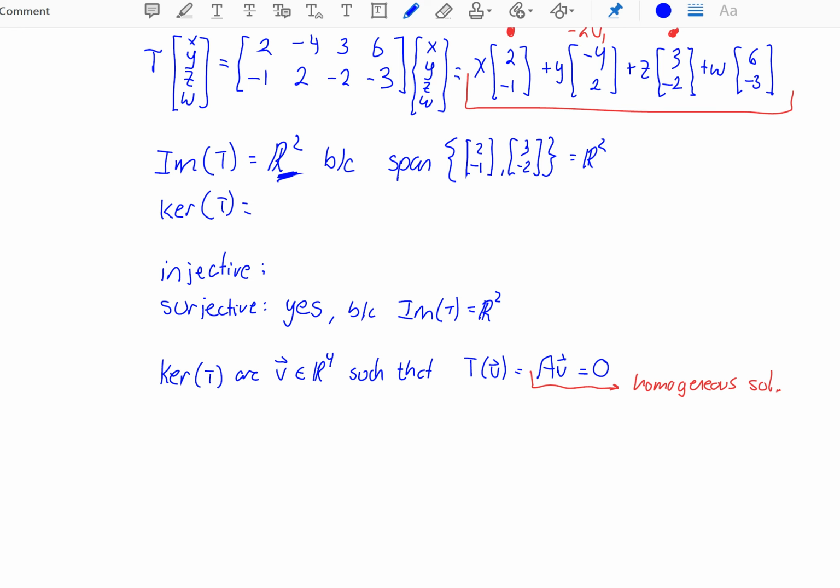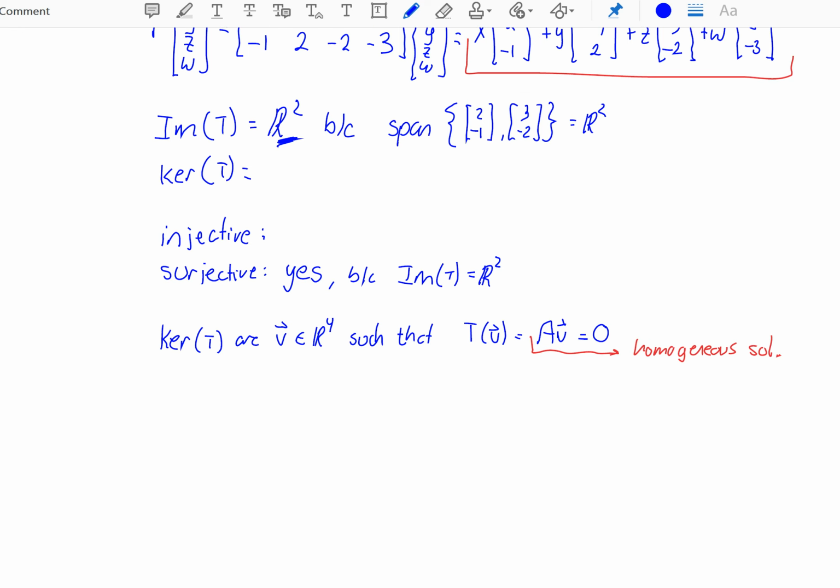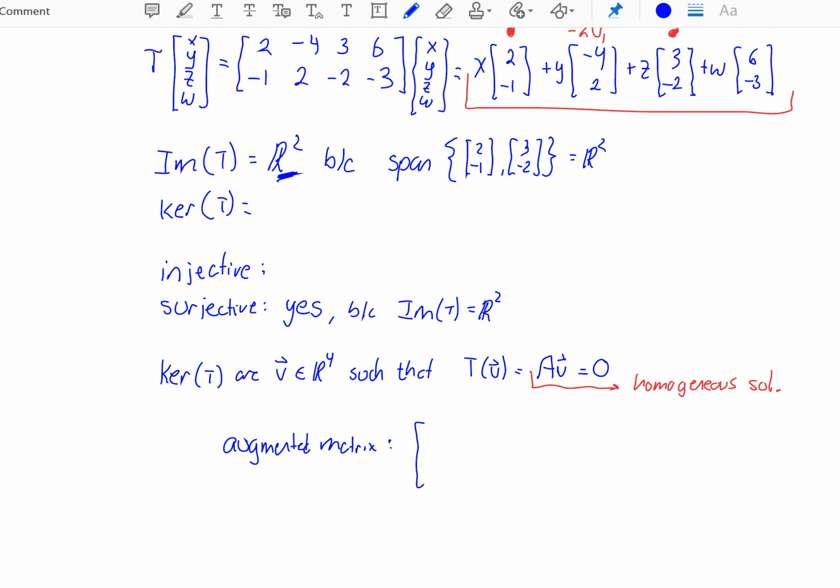Which I'm going to find by writing our augmented matrix. I like writing it as the original columns of our matrix A separated by a dotted line, which is going to be the right-hand side of our system of equations.